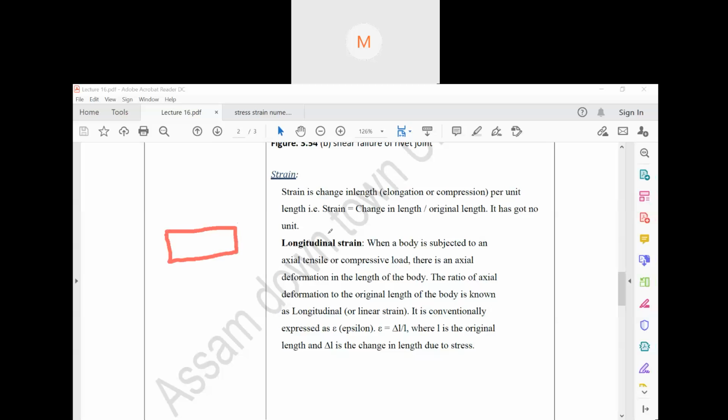So what happens if the load is like this? Can anyone say what kind of load this is? Compressive load. Very good.